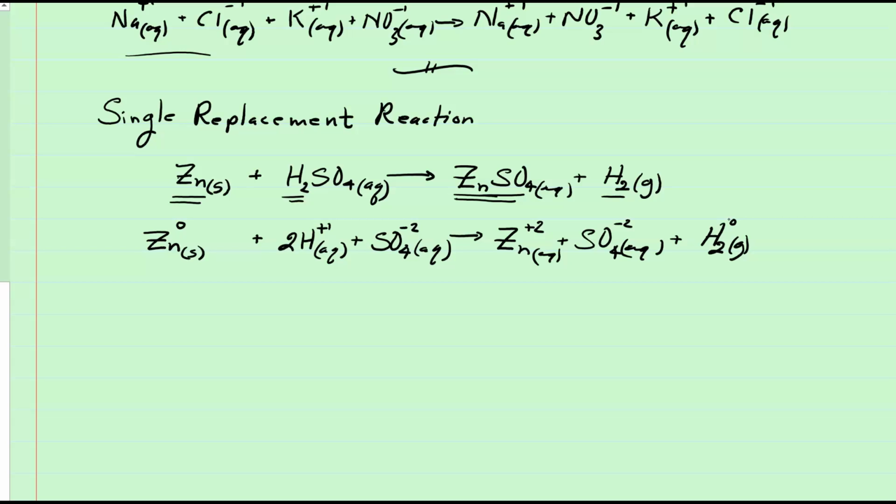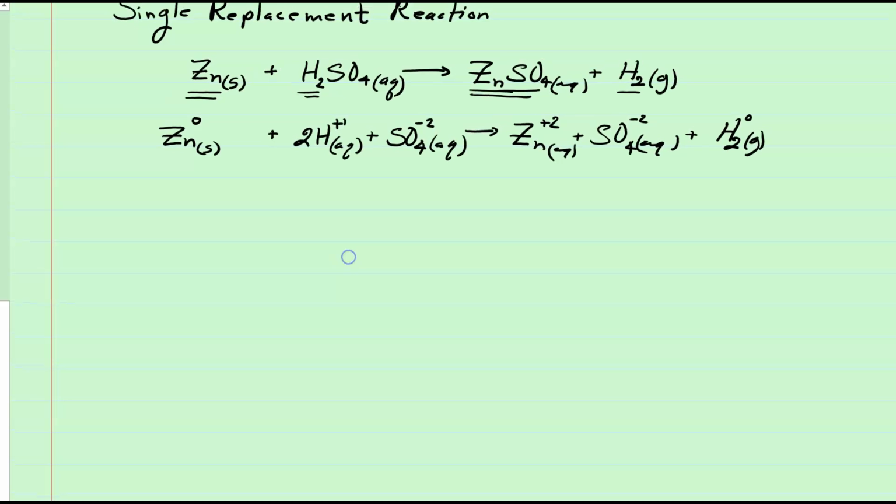So again, if we examine what ions are the same on both sides, we notice, of course, that it's the sulfate ions. In this case, the sulfate effectively is a spectator ion.